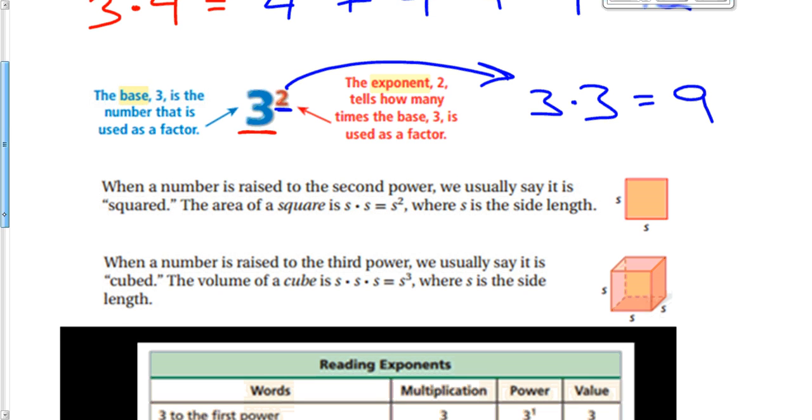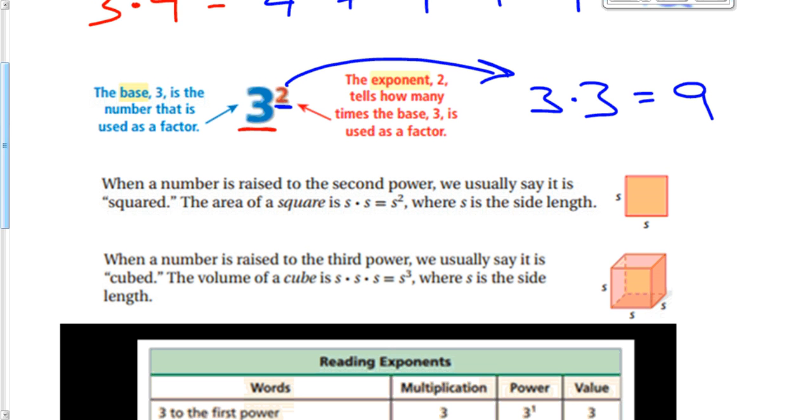Now moving to the middle of the screen here, a couple things that we can say. You can say 3 to the second power, but if anything's to the second power, you can also say that it is squared. So 3 squared can also be used instead of saying 3 to the power of 2. And we also have a name for when a number is raised to the third power: we can say that it is cubed.